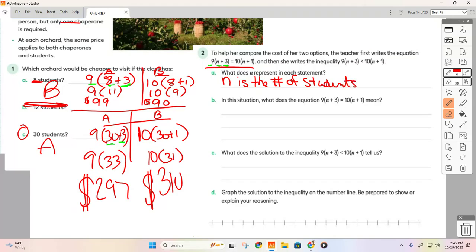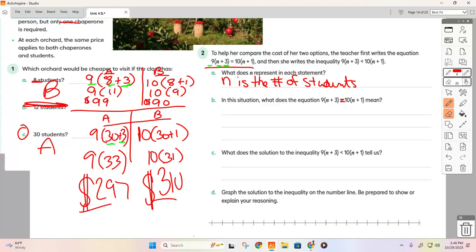In this situation, if there's an equal sign in the middle, what does that tell me about the situation? It's equal. What's equal about it? Think about what we found down here. That's the total cost, right?